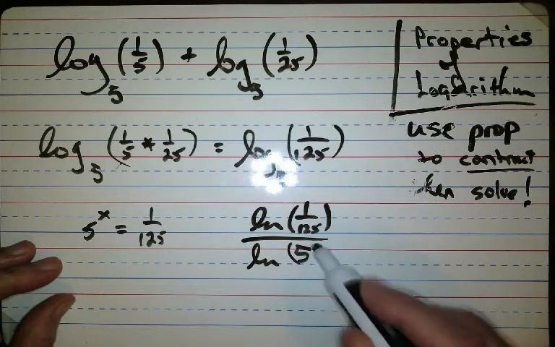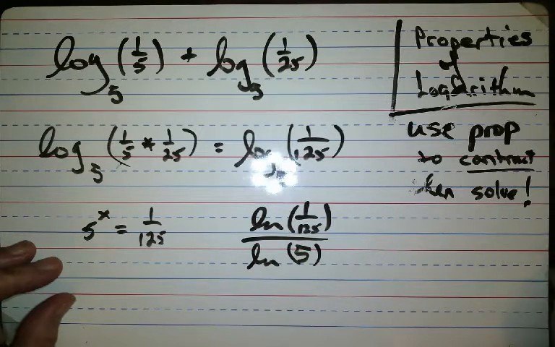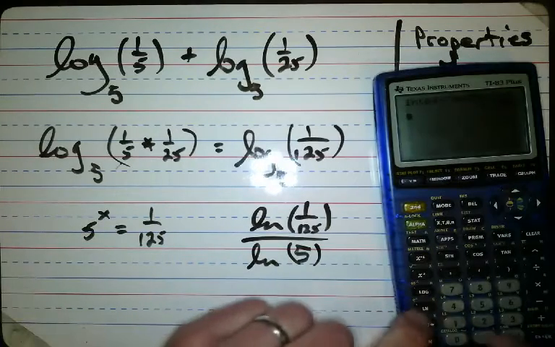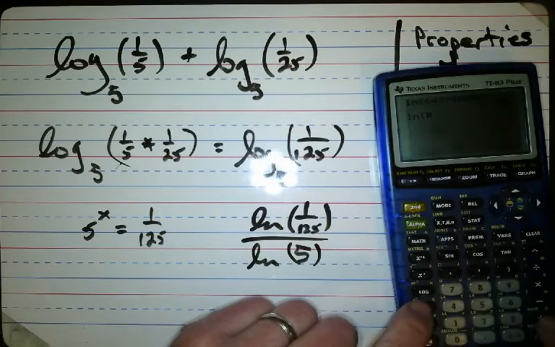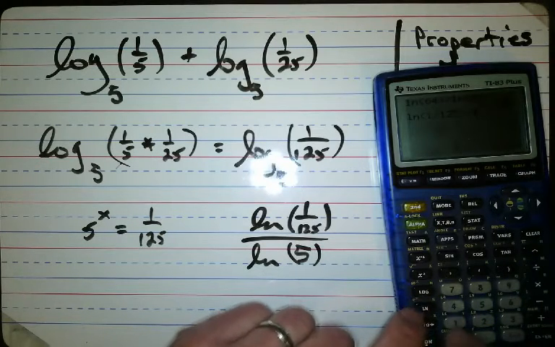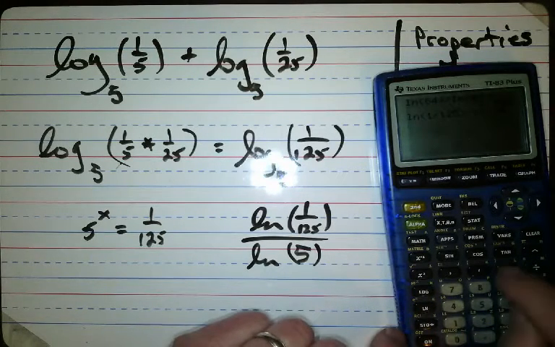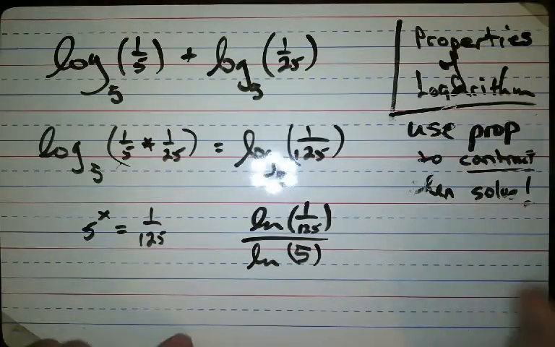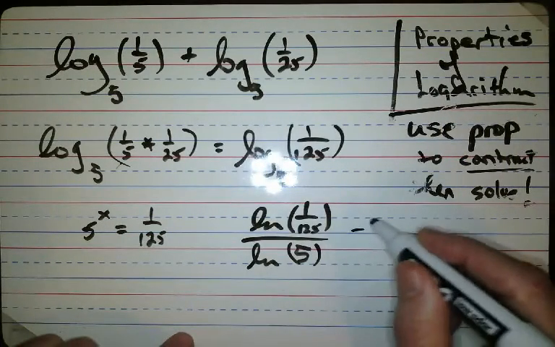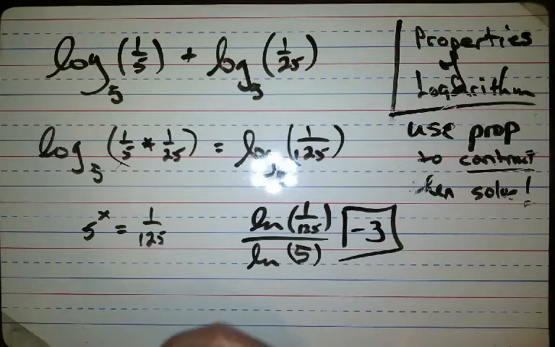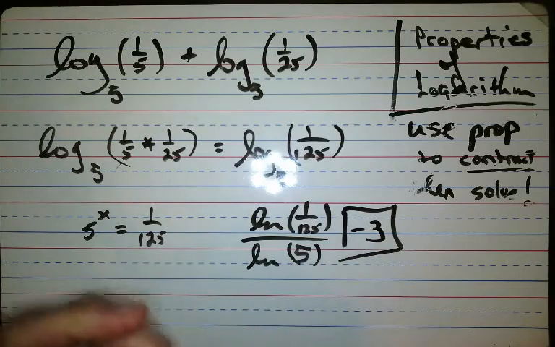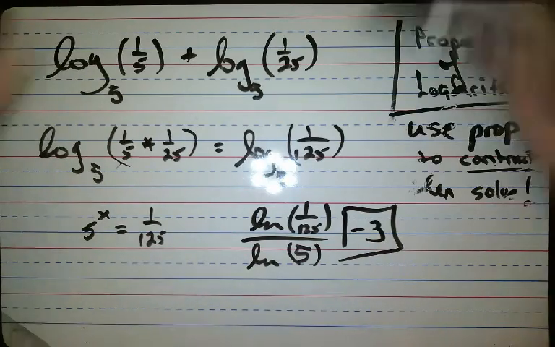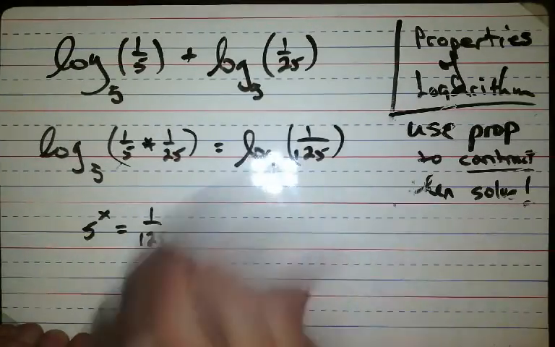On my calculator, you can just divide 1 over 125, and then divided by natural log of 5. Kaboom! Negative 3. Negative 3 is our answer. And that's what we're shooting for. We want to make it so that we can solve any problem.